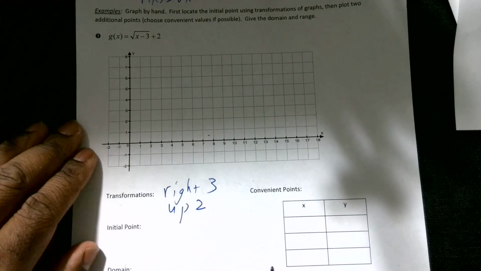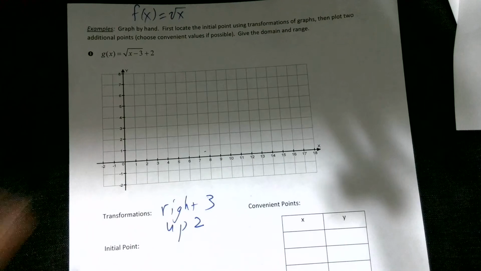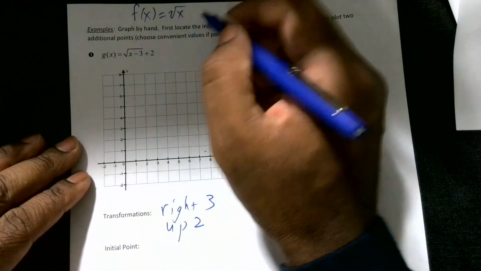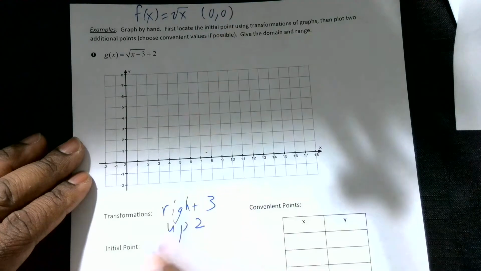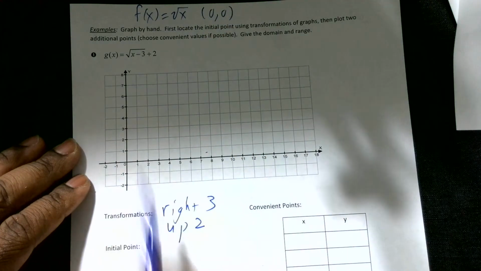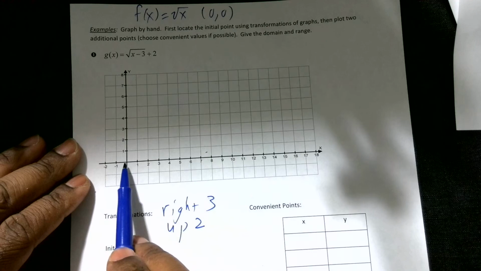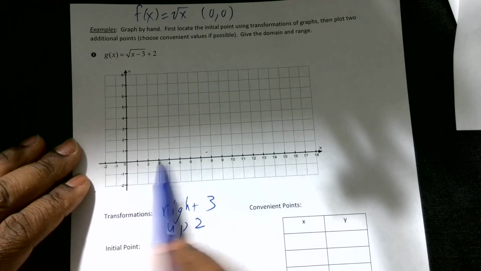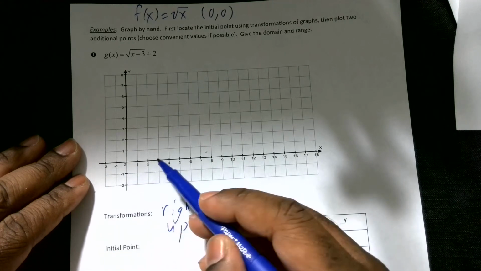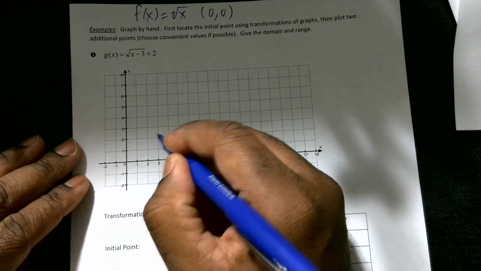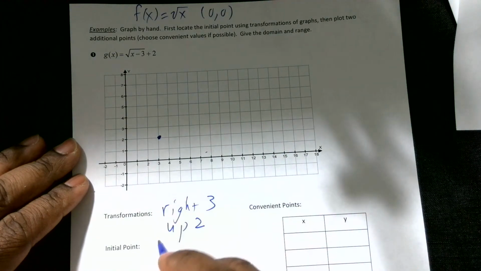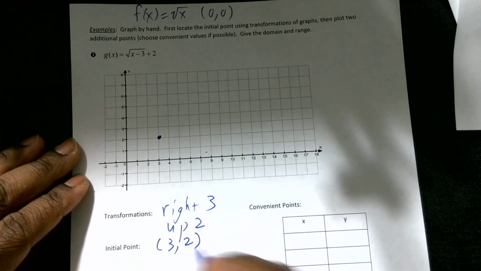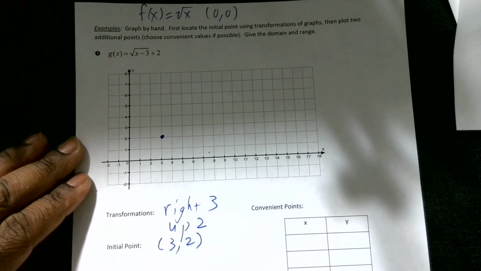But before we do that, remember what the initial point was when we had f of x equal to the square root of x. It was (0, 0). But our transformation tells us to move 3 places to the right from our initial point, and then go up 2. So this will be our new initial point, which will be (3, 2).